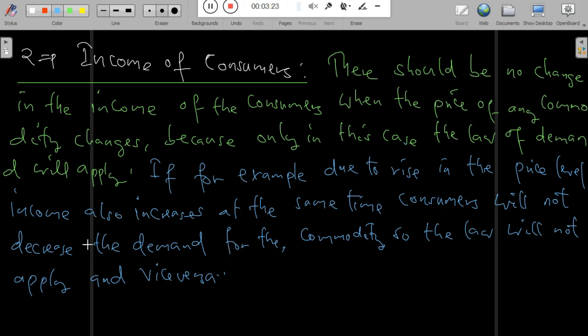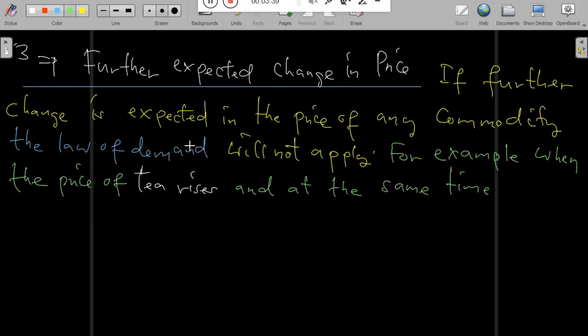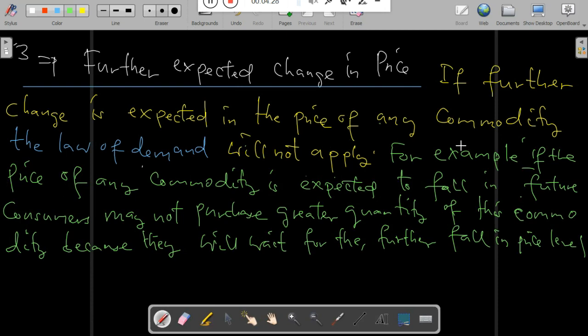But also taste and preference. There should be no change in taste and preference by the individuals, because when the taste of any consumer changes, demand will not increase despite a fall in the price level. But also the expected further change in price. If a further change is expected in the price level of any commodity, the law of demand will not apply.